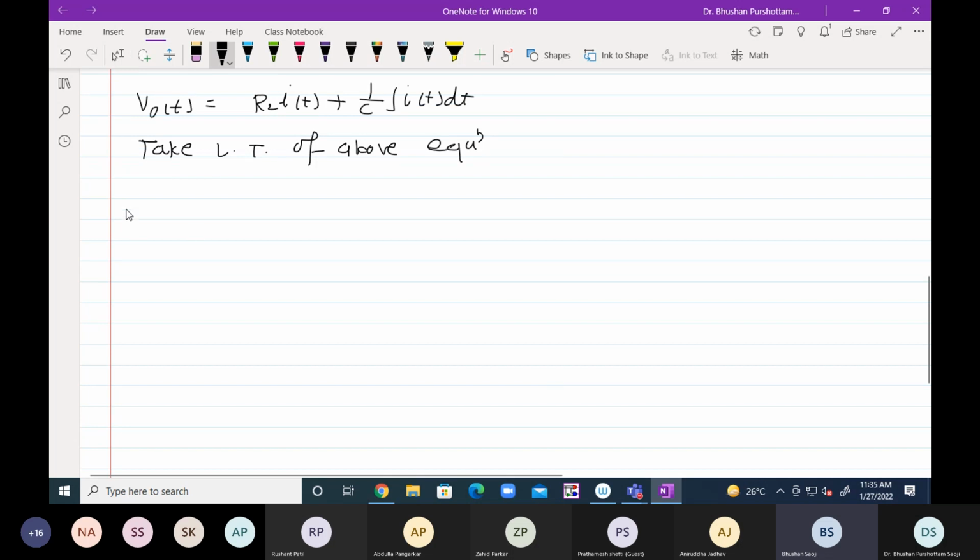So this becomes V0 of S equals R2 as it is, and I of t becomes I of S, plus 1 by C as it is, and integration becomes 1 by S multiplied by I of S.